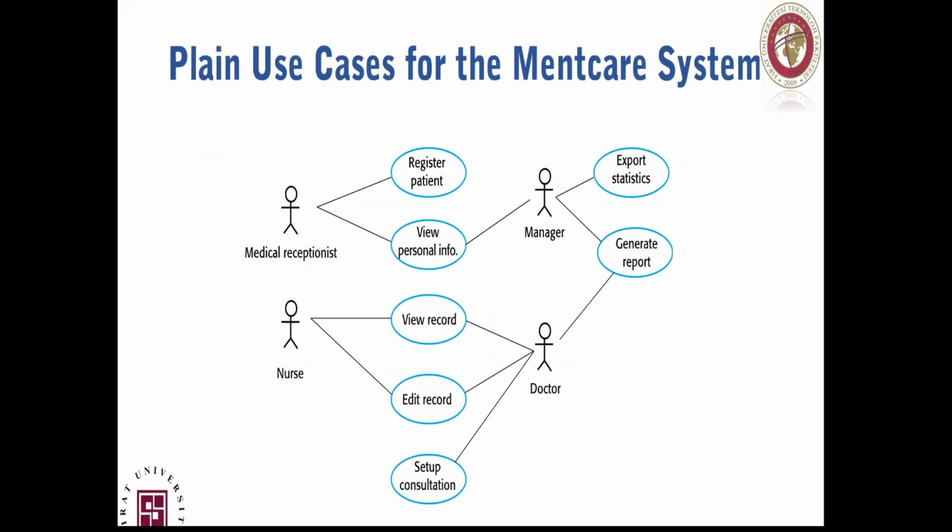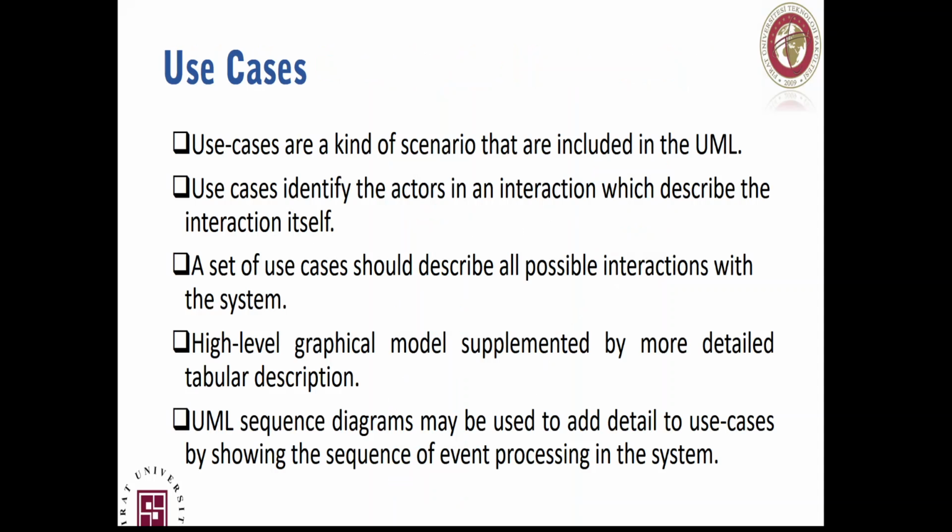Before I finish with the use case, we use different types of software packages or applications to implement use cases and also sequence diagrams. Sometimes I forgot to mention it. Sometimes in conjunction with use cases, we also use sequence diagrams for further elaboration and showing how events are processed in a system. We have different types of diagrams in UML, and I will create a series of videos about them for practical.